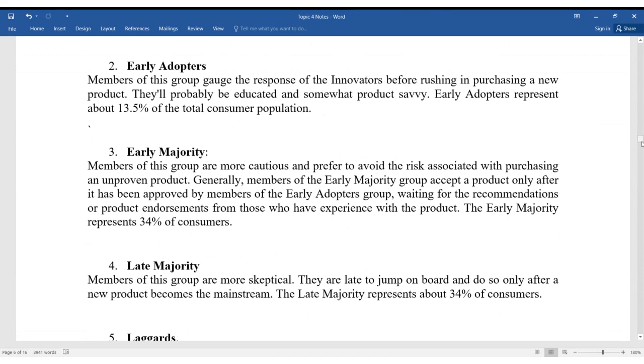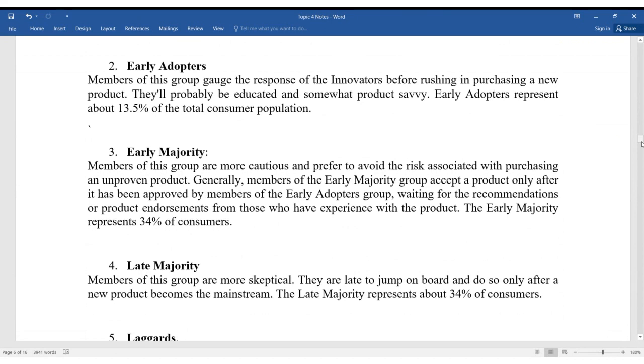Late majority are more skeptical. They are more detached. They are more cautious. Another thing is that their income is quite low as well. They are the group that struggle to make ends meet, and they come on board because it is very necessary to buy a particular product.